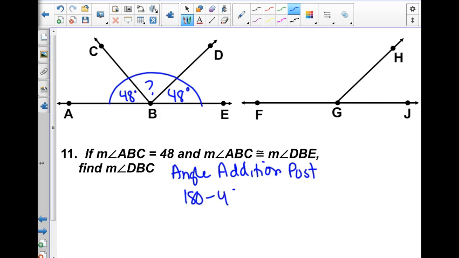You just chose to add them first. It's the same as if you type 180 minus 48 minus 48, which is 180 minus 96. Ryder said that he added those first, so that's a great way to do it. 180 minus 96 is 84. So we want to write down the measure of angle DBC equals 84 degrees.